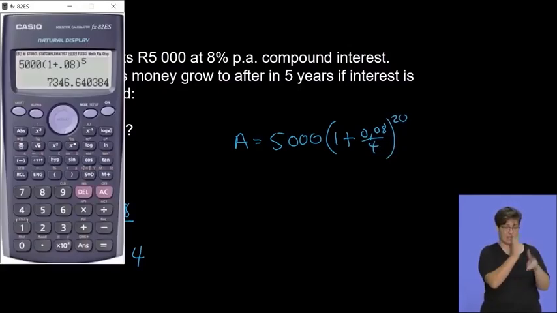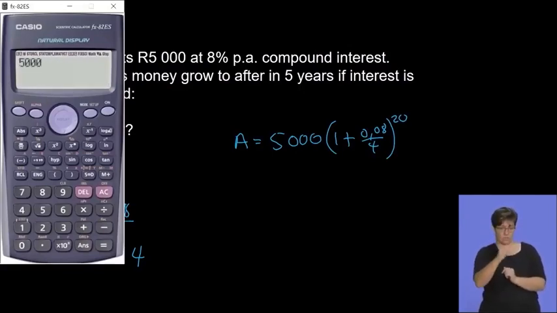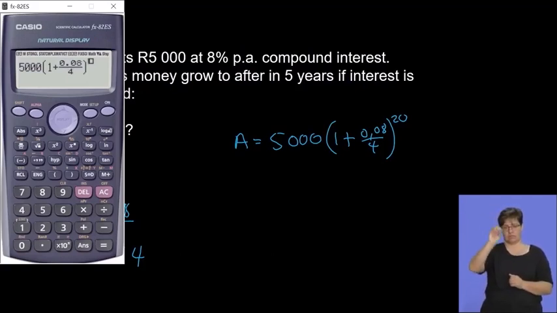So going back to the calculator again, now I'm just going to change everything here. That's 5,000, 1 plus, now this must be a fraction, 0.08, and it is over 4 raised to an exponent of 20. And that will give me 7,429, right?